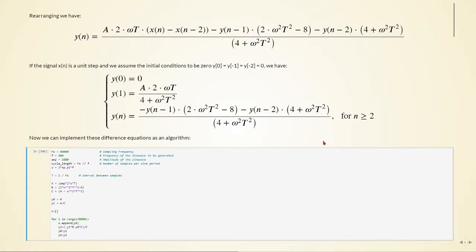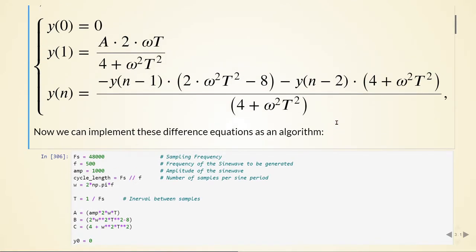So now we have these equations, and we can implement an algorithm to generate a sine wave, based on this recursive relation of the output with the previous value. So we need two previous values, so we don't depend on the input anymore, but we depend on n minus 1 and n minus 2.